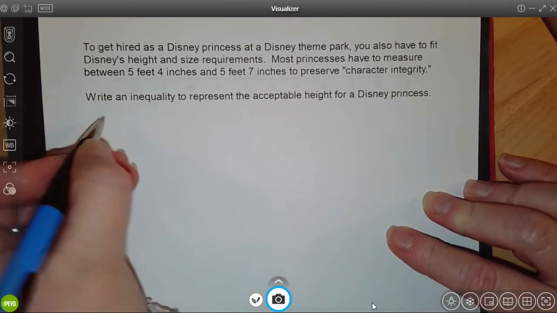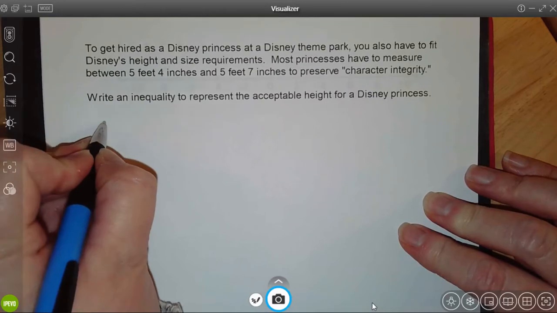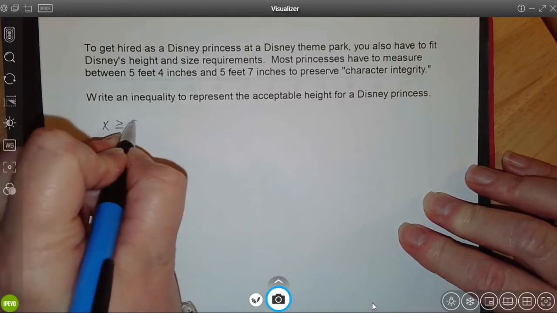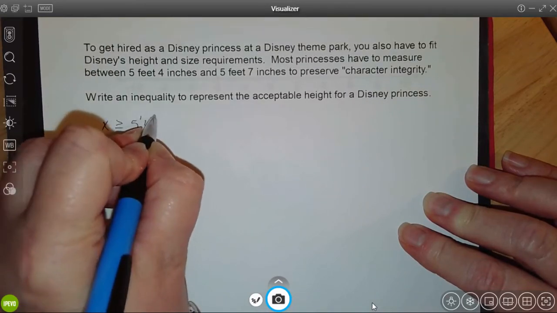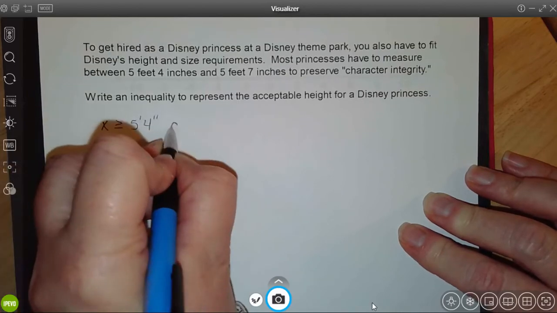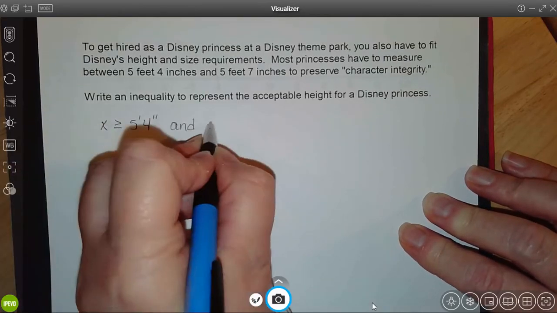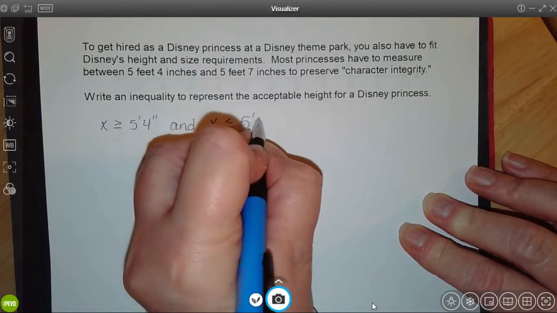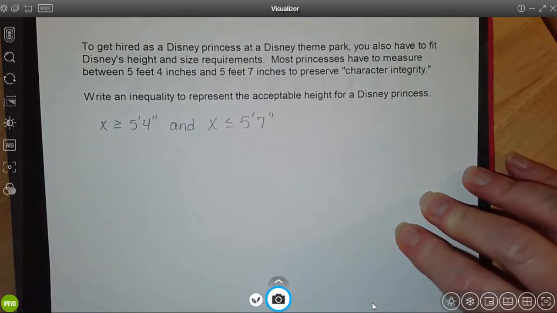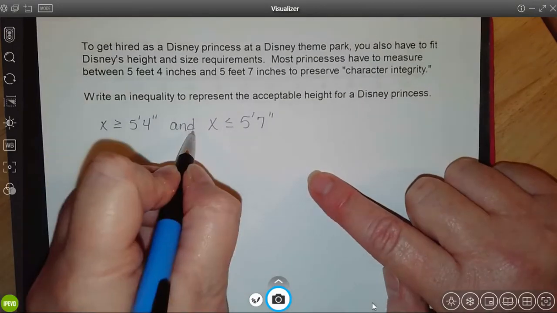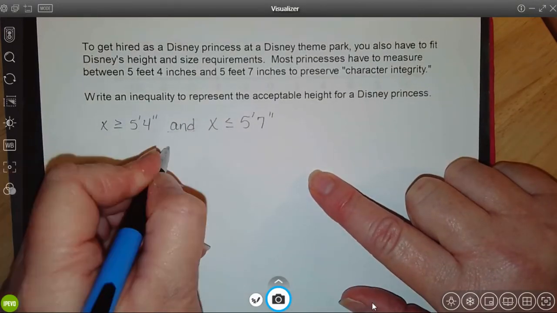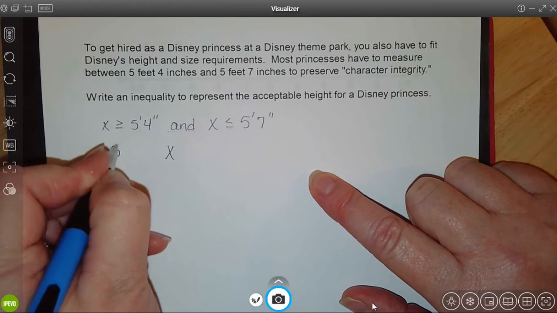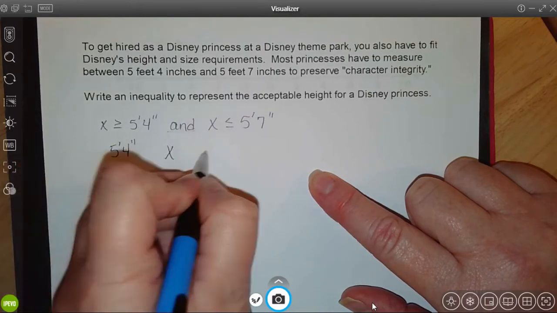Okay, a Disney princess can be more than 5 foot 4 inches, and at the same time she has to be less than or equal to 5 feet 7 inches. Remember, since this is an and scenario, I could put X in the middle of 5 foot 4 and 5 foot 7.